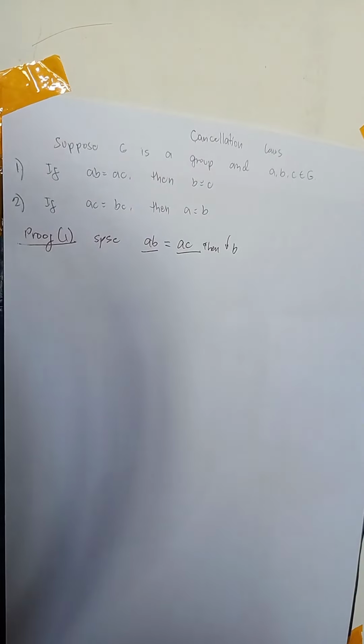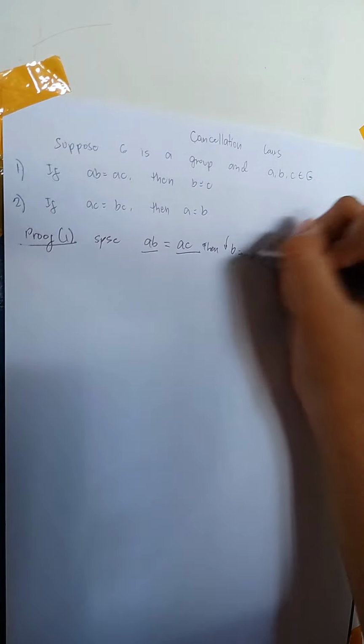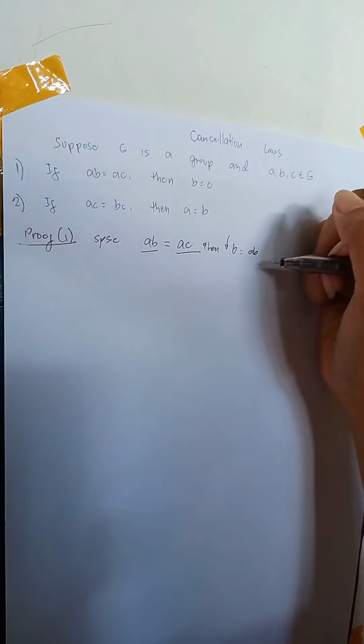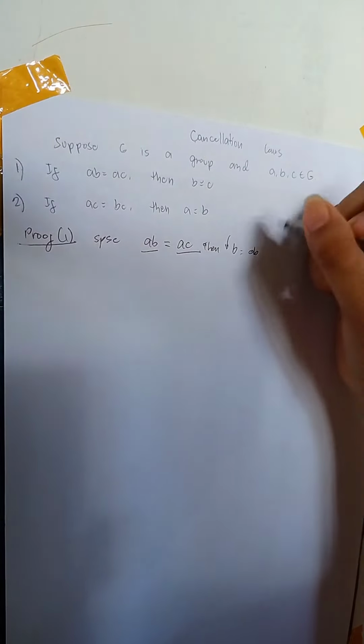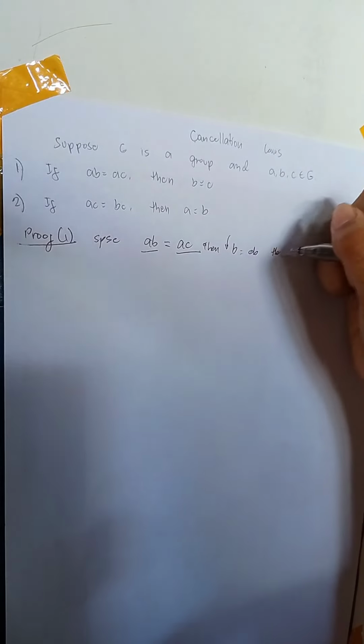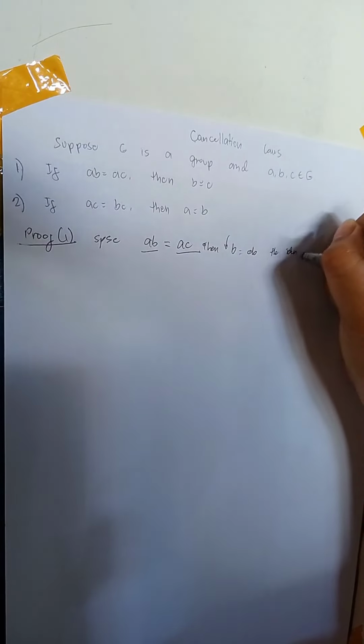In order to do that, we'll insert an E there so you can write this as EB. That's why the step is true: because E is the identity element.